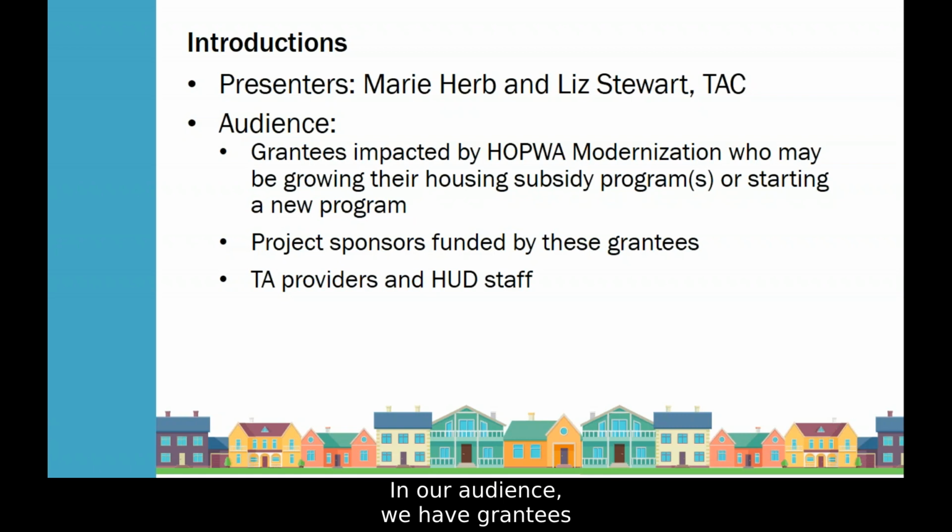In our audience, we have grantees who are going to be or have been impacted by Hopwa modernization, and particularly today's focus is on those grantees who are seeing an increase in their formula. And in many cases, a significant increase in their formula.